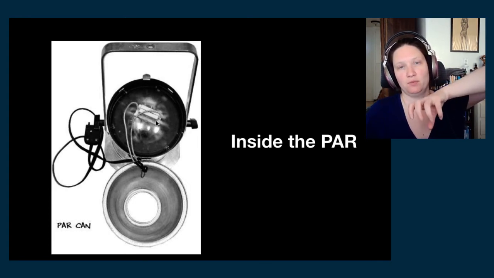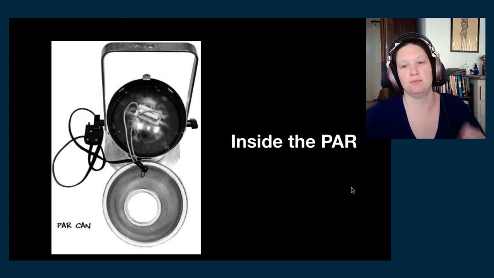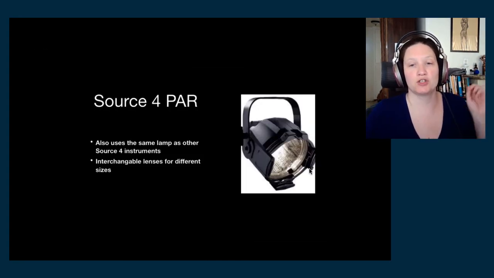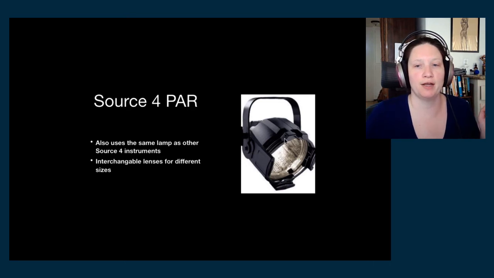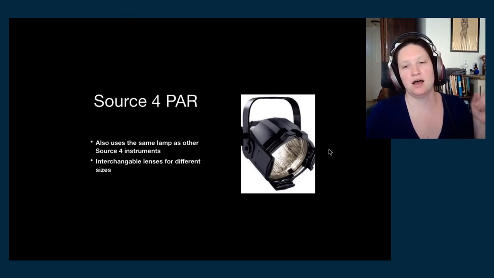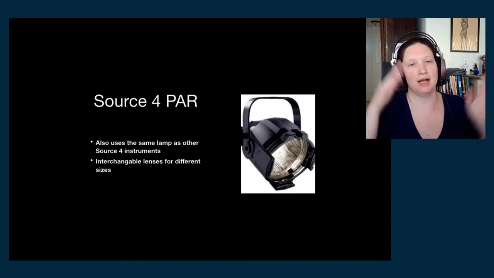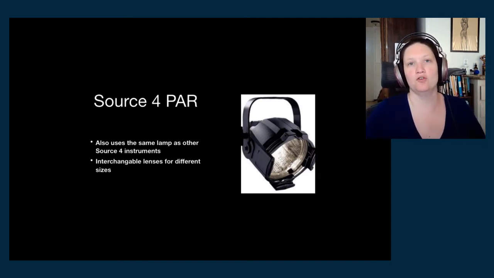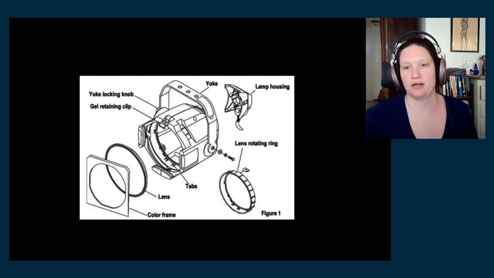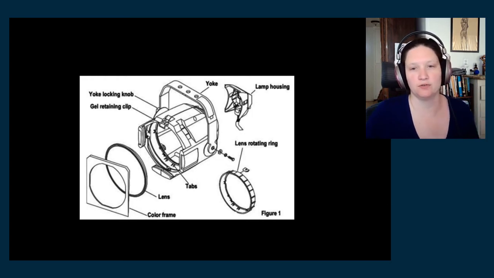You grab the housing with your gloves because it's super hot, and you twist the whole lamp to rotate that oval shape. On a Source 4 par, there's a little ring right here in this slot that allows you to rotate the lens in order to align the direction of the oval as indicated by your designer. So that has a lens, it has a color frame, great, wonderful.